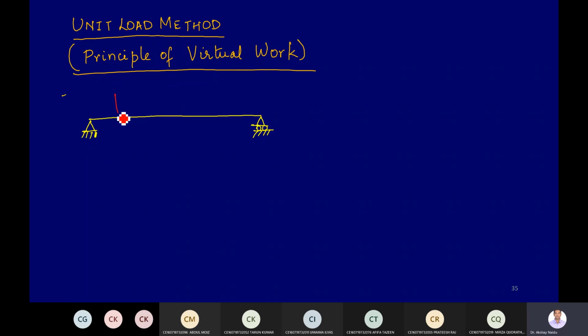Now let's say there are many loads acting on the beam. Say P1, P2, P3, P4.